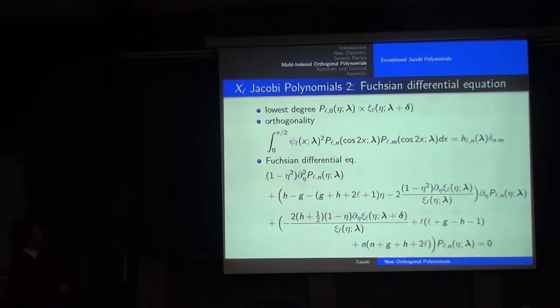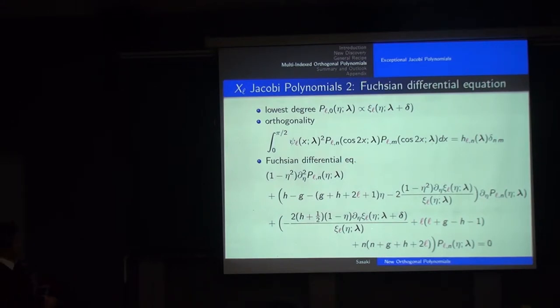And as I told you, the lowest degree polynomial is just the denominator polynomial with parameters slightly shifted. So the lowest degree is almost constant, and there is orthogonality. And you can also write down the differential equation for these new polynomials. If you make c equal to 0, this is just the differential equation satisfied by the ordinary Jacobi polynomial.